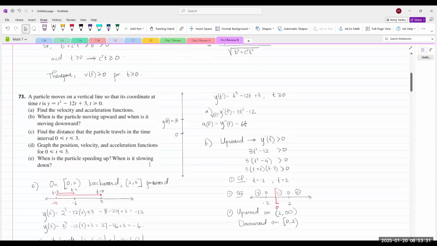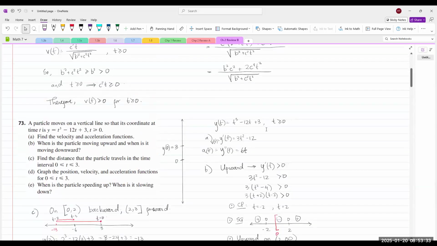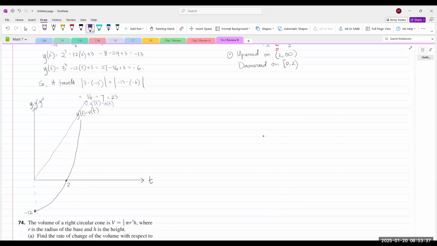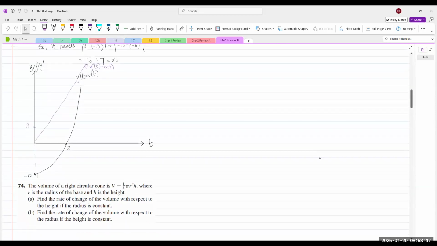Okay, and then y equals t cubed minus 12t plus 3. So it will follow the cubic according to what we have before. It starts at 3, and at 2 it reaches negative 16. So it looks like this. And then at t equals 3 it reaches negative 6.